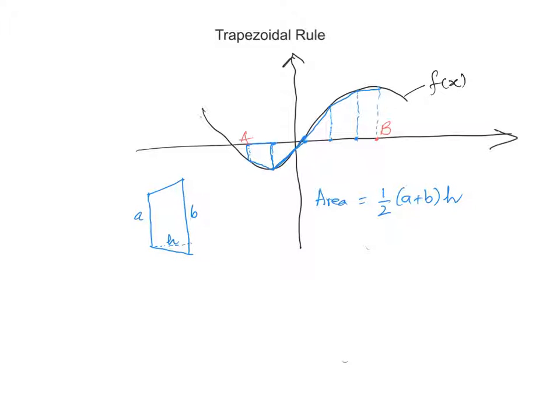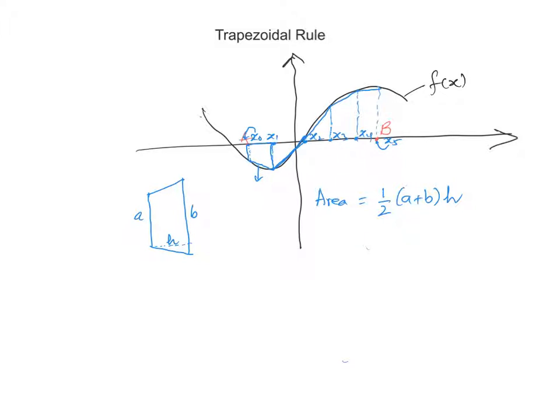So therefore, if these are the points x0, x1, x2, x3, x4, x5, x0 is the same as the x-coordinate of A, and x5 in this case is the same as the x-coordinate of the point B.